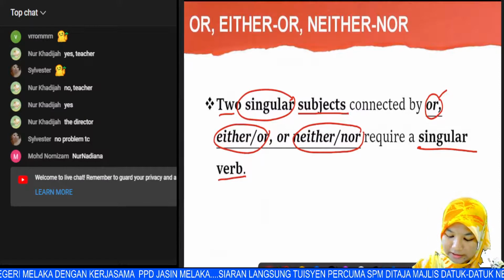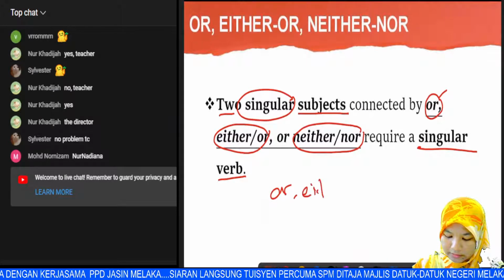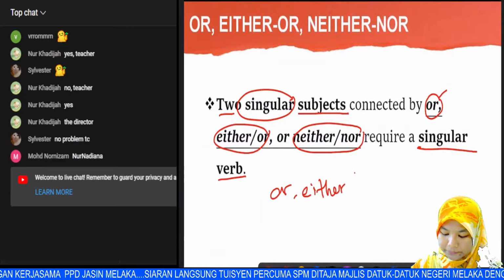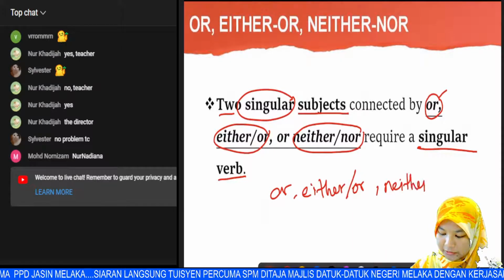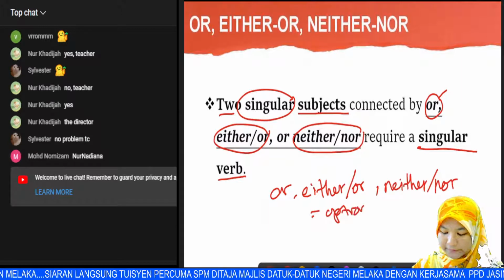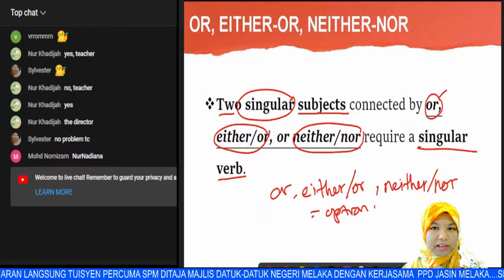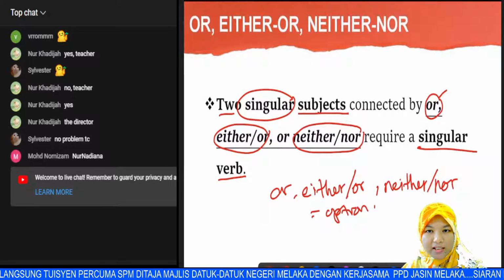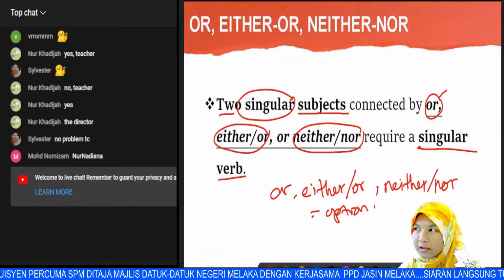Basically "or", "either...or", "neither...nor", we use it to show options. If you need to do some revision on conjunctions or cohesive devices, you can go to my previous video.